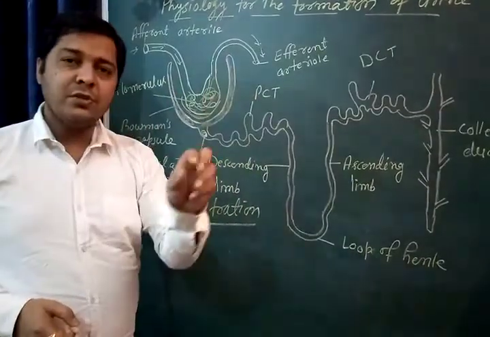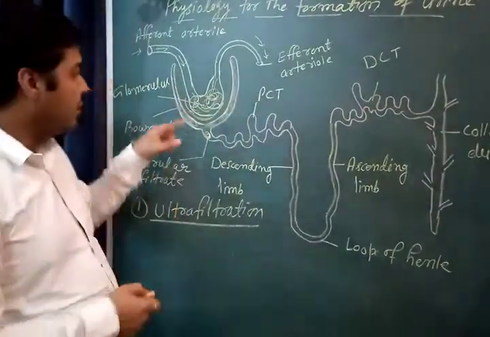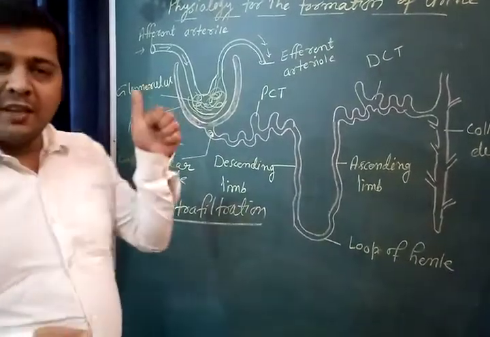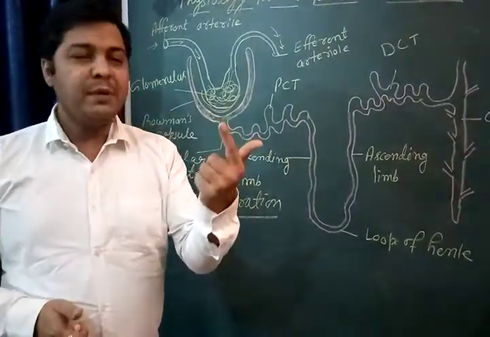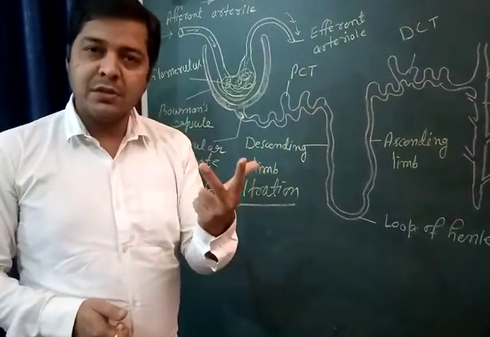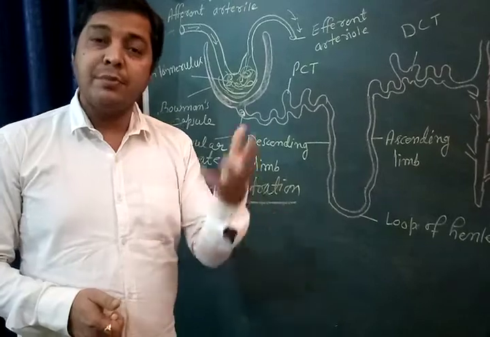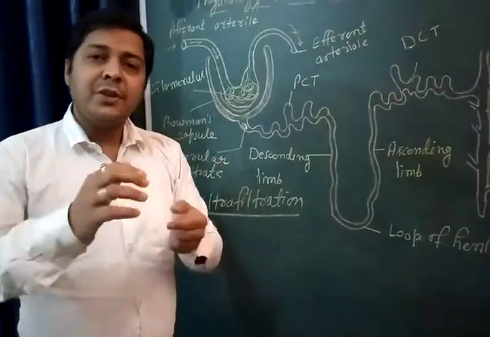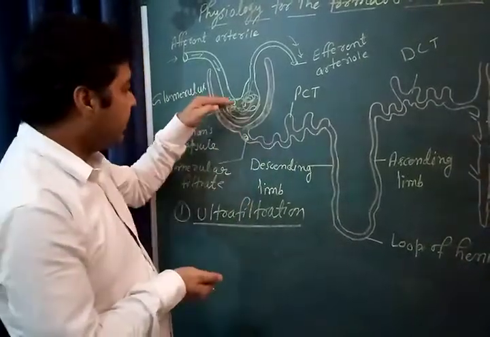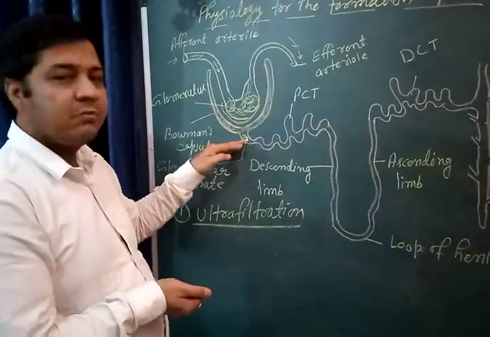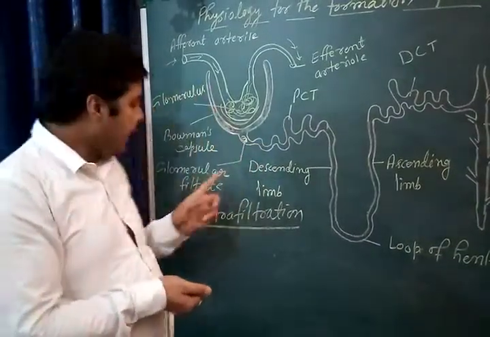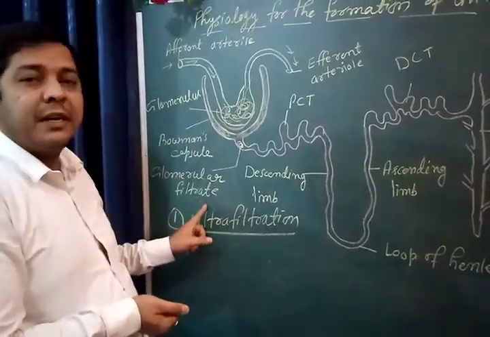Now the question is, what are the substances filtered from the glomerulus into the glomerular filtrate? They may be glucose, amino acids, some hormones, some minerals, some proteins, and some urea and a little ammonia are also filtered from the glomerulus to the PCT. That filtrate is called glomerular filtrate.